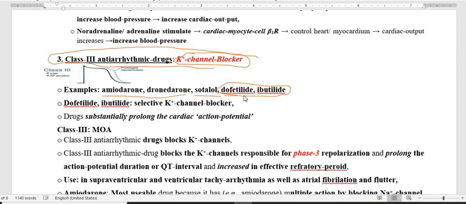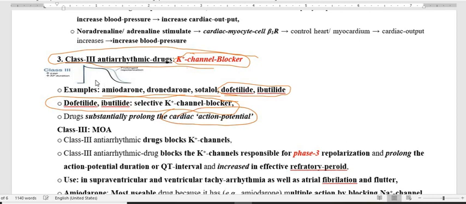Regarding dofetilide and ibutilide, both are more selective potassium channel blockers, whereas amiodarone and dronedarone also act somewhat on other sites. So they influence the action potential of the cardiac myocyte.